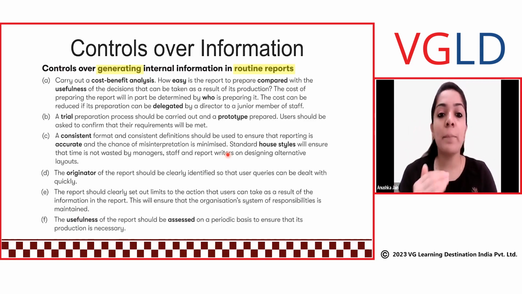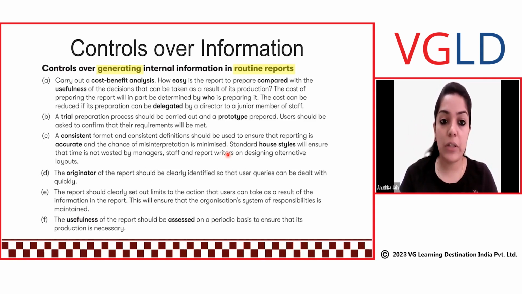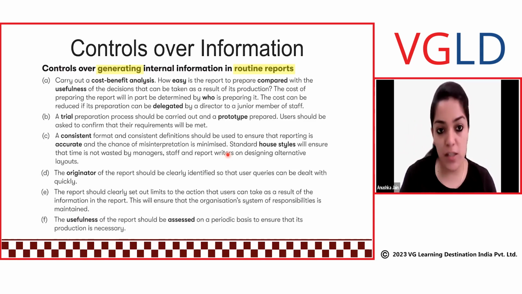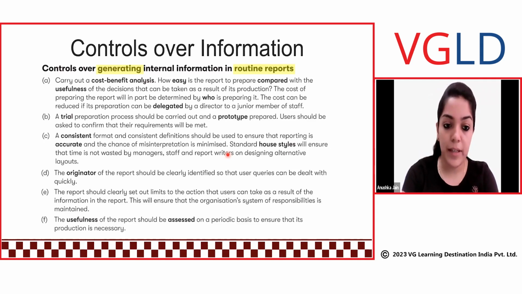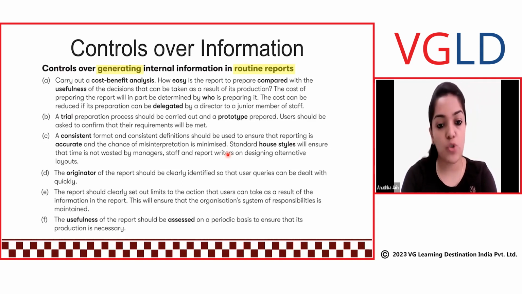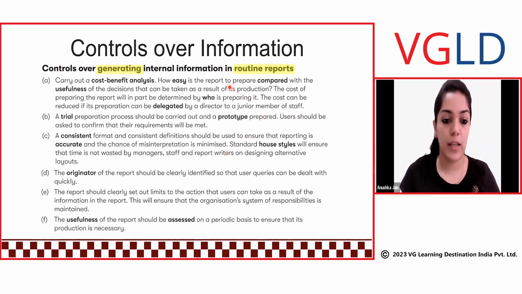This is very important in a corporate setup because if someone is publishing a report and no one knows who actually prepared it, and they have a doubt or query on something mentioned in the report or some extra help which they want from it, then whom should they reach out to? That will lead to ambiguity in the company. So the originator of the report should be identified in the report itself: prepared by whom?